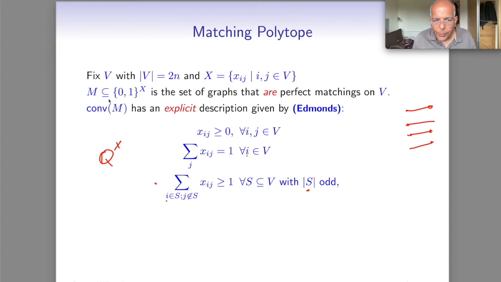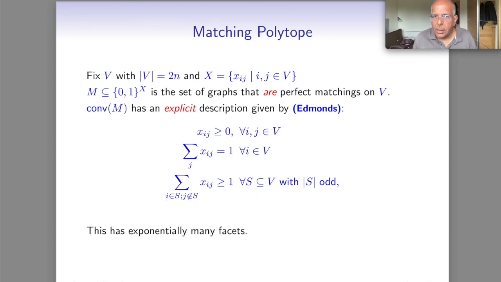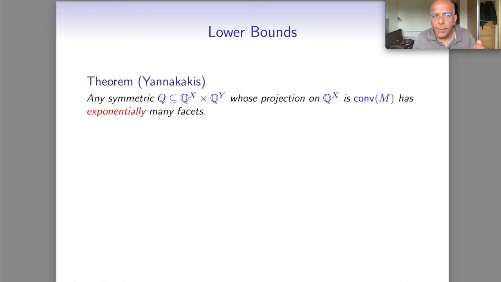But note also that the collection of constraints here is exponential in the set of vertices, because we have one constraint here for every odd size subset of V. So this polytope does have exponentially many facets. And what Yannakakis shows is that any symmetric polytope whose projection down to Qx is the convex hull of the matching polytope must have exponentially many facets.